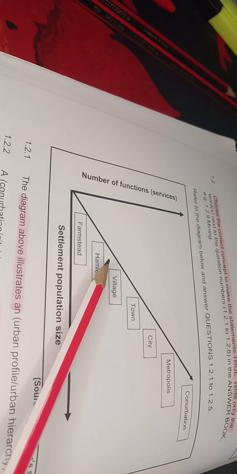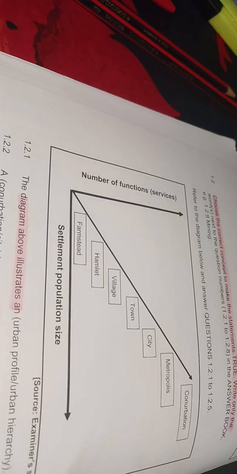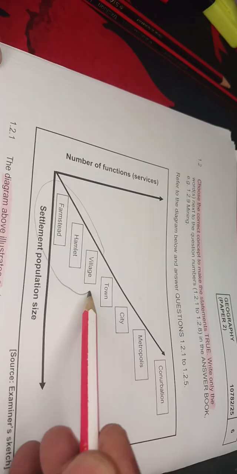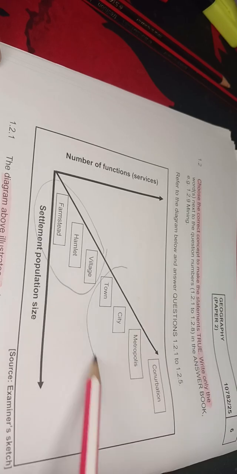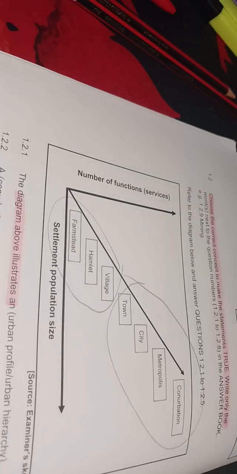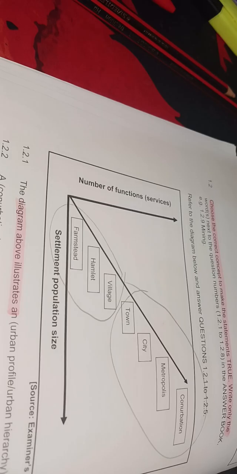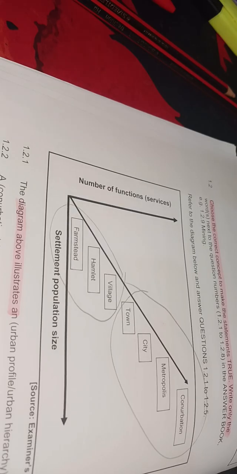Farmstead, hamlet, village: this is more of your rural. This is your urban settlement. They are ranked according to size, number of functions, and degree of specialization, from the smallest to the largest.